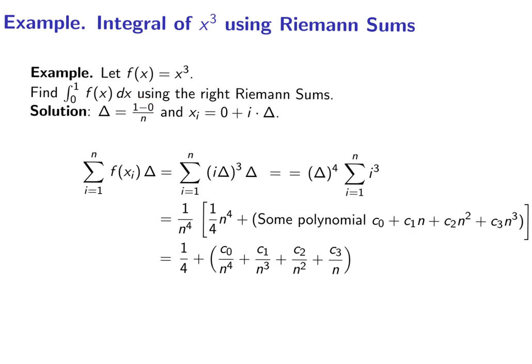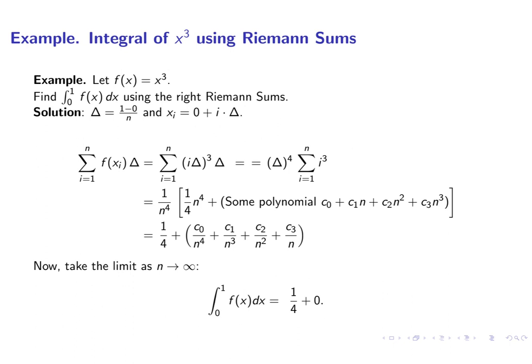So our polynomial is multiplied by 1 over n to the fourth. In the leading term, we have cancellation: n to the fourth cancels with n to the fourth at the bottom. As to the rest of the terms of the polynomial, when we divide by n to the fourth, we'll get negative powers of n. So our Riemann sum is 1/4 plus a combination of negative powers of n.